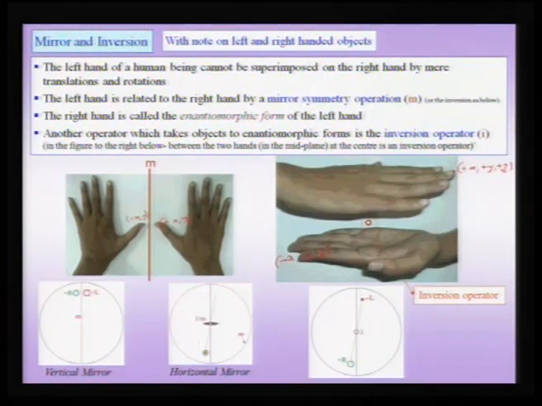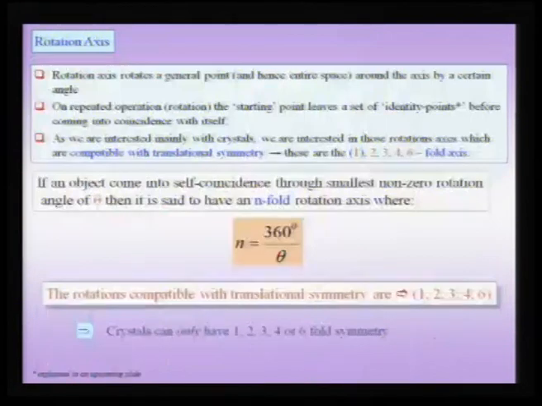If this were at a distance of plus z, then this red square would be at a distance of minus z from the plane. On the other hand, the inversion operator, as I pointed out, is a 0-dimensional operator which takes a right handed object to a left handed object, the right hand object being above the plane and the left hand object being below the plane as shown here.